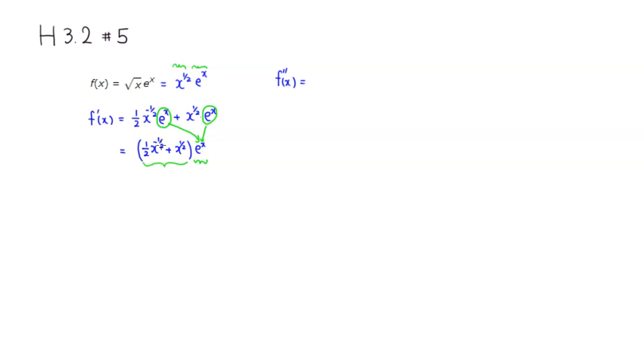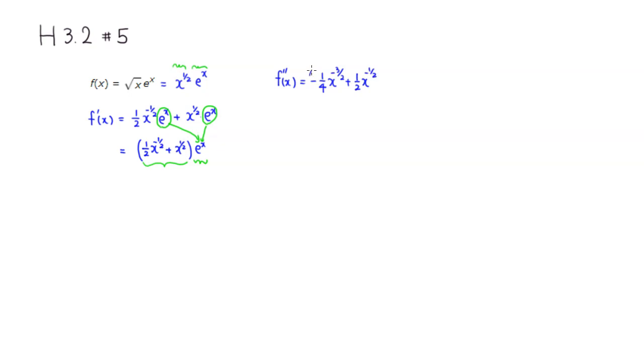We're going to put the negative 1/2 in front. I'm going to multiply it with 1/2, so it's going to be a negative 1/4 x to the, subtracting 1 from negative 1/2, negative 3/2. And plus, the derivative of that is put 1/2 in front, x to the, subtract 1 from 1/2, negative 1/2.